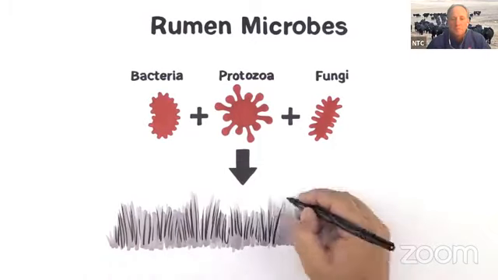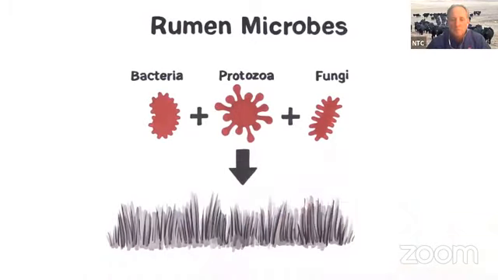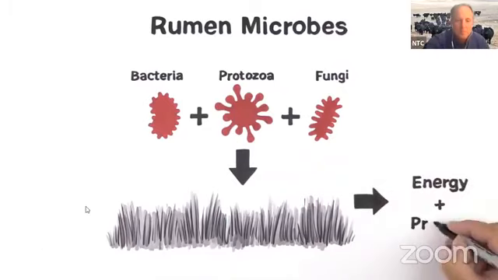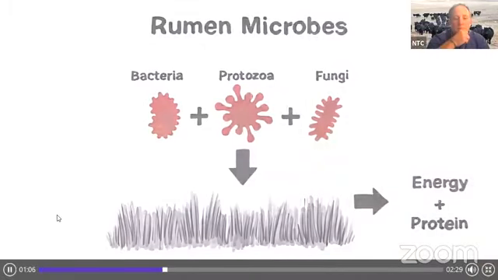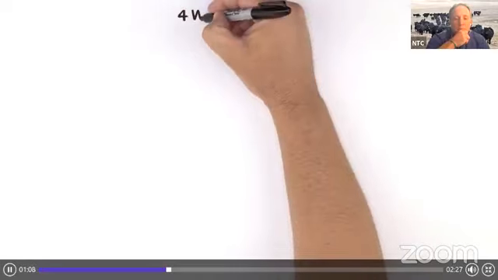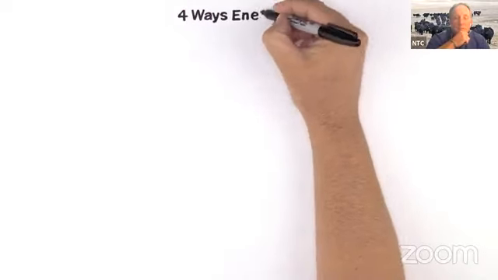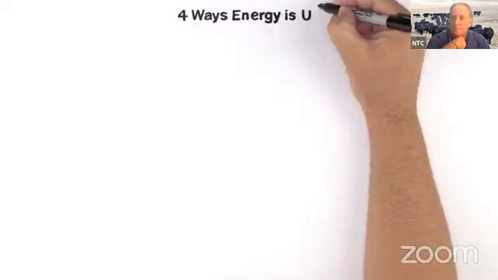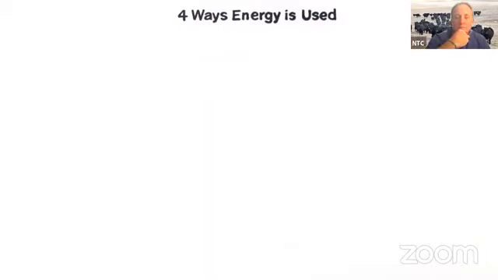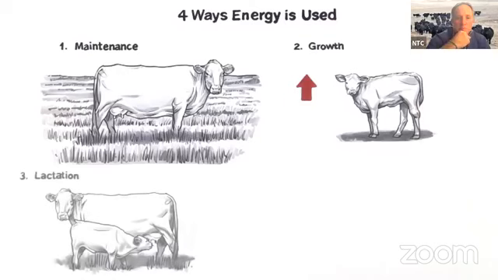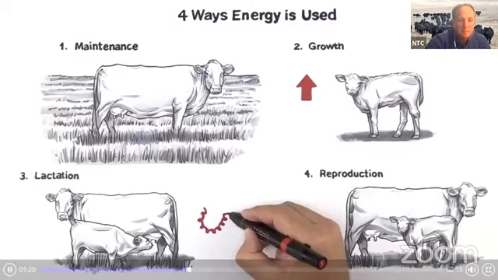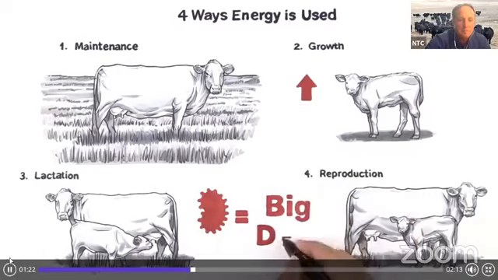So, rumen microbes work together to turn forage into energy and protein that cows can use. These bugs are needed to digest feed and produce volatile fatty acids, or VFAs, which are used by the cow as energy. This energy is used for maintenance, growth, lactation, and reproduction, making these tiny bugs a very big deal.